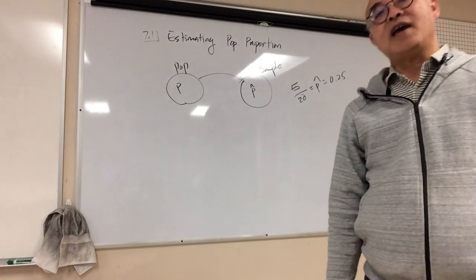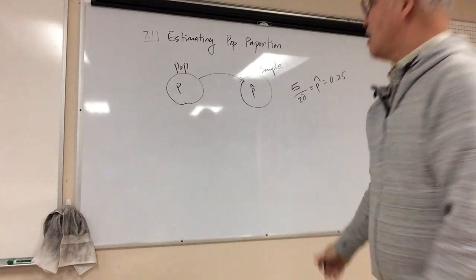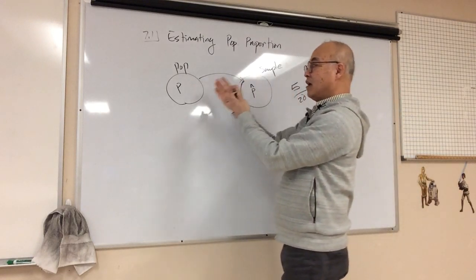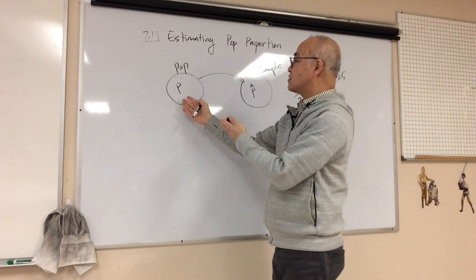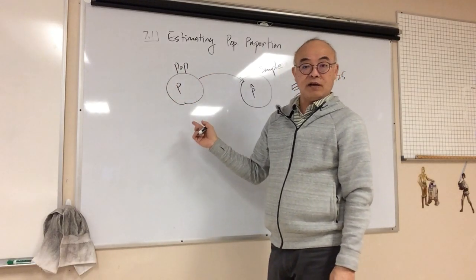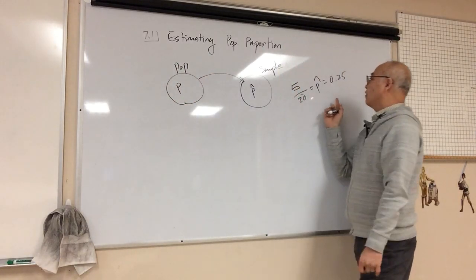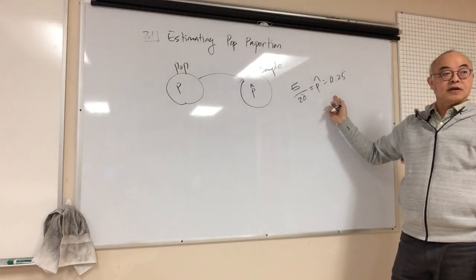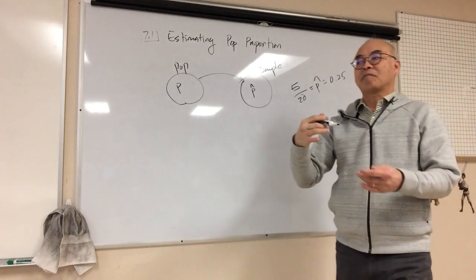So when I say, well, based upon our sample, I think that 25% of the entire population of Blanchett is going to have blue eyes. Here's where the rub comes.